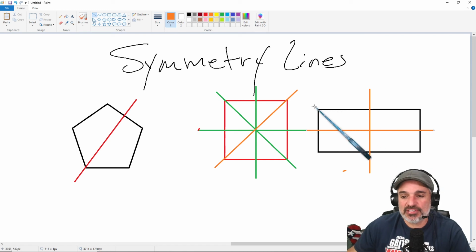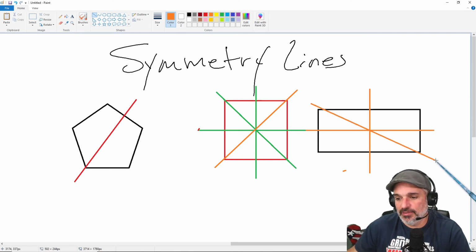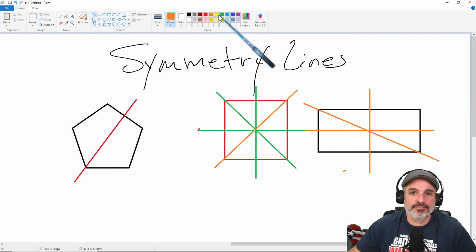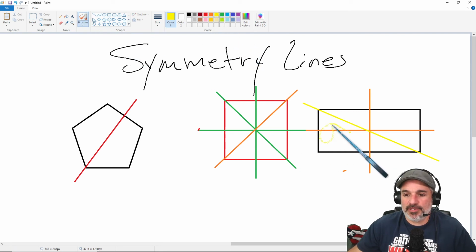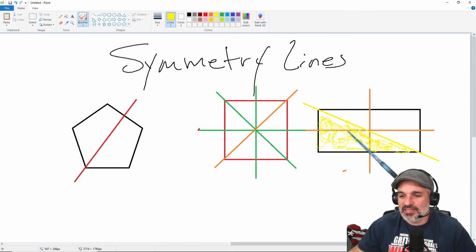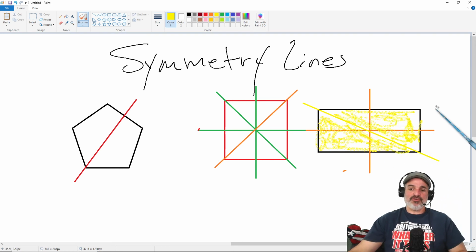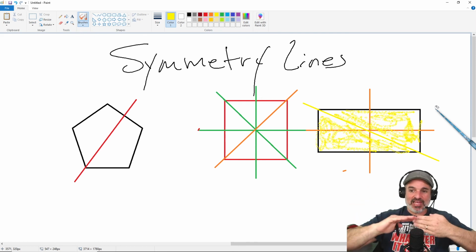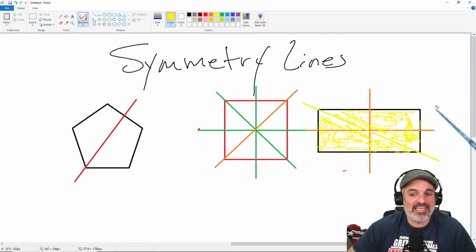Now look at how interesting it is when I put my diagonal line. This part here may look the same as this one, but actually if you fold a rectangle through that line, it's not going to give you two equal parts.